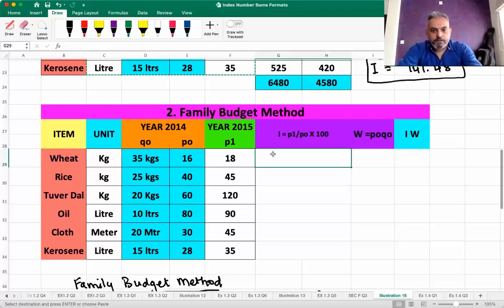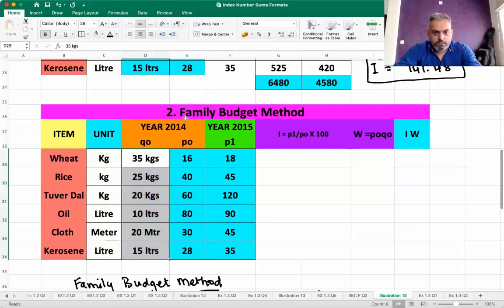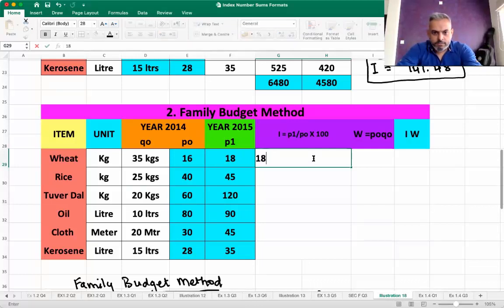Now P1 upon P0. So P1 is 18 divided by P0 is 16 into 100 is equal to 112.5.